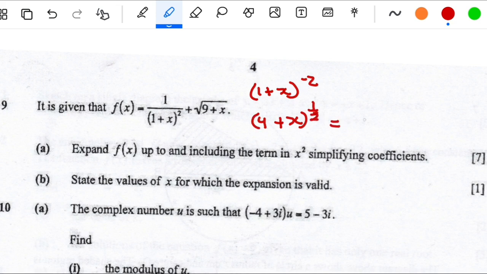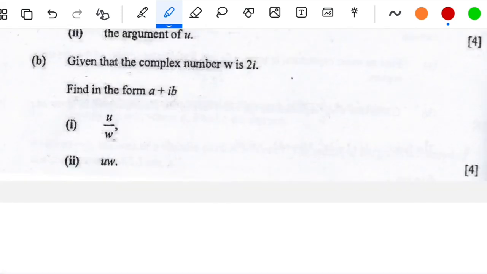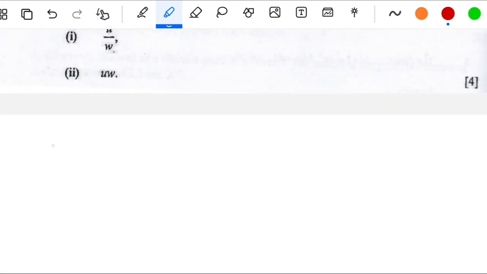This one we can further simplify into 9 to the power of half, then (1 plus x over 9) to the power of half. Okay, so let's bring this one down here.